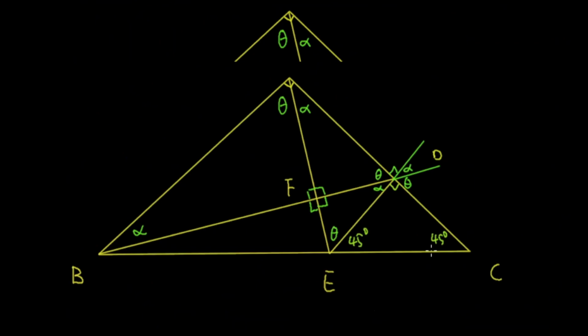So here, this triangle and this triangle and this triangle and this triangle and this triangle and this triangle are all similar triangles.